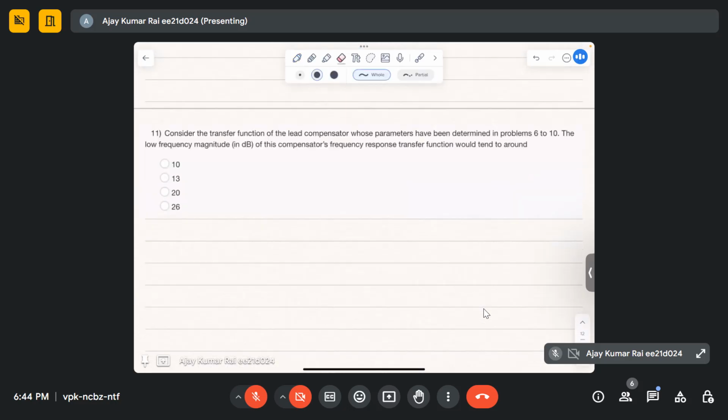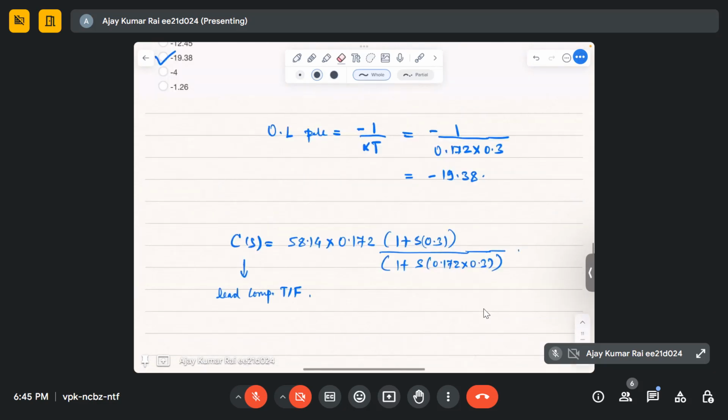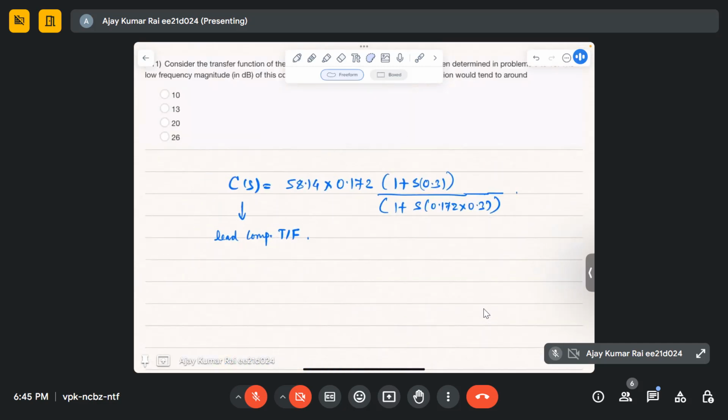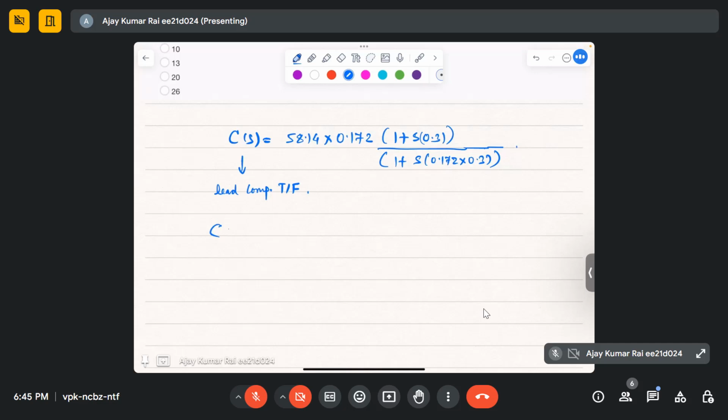Consider the transfer function of the lead compensator whose parameters have been determined in problems 6 to 10. The low frequency magnitude of this compensator's frequency response would tend to what? As usual, there's the transfer function, and we know how to find the sinusoidal transfer function. I'm doing it by going through the steps; you can directly go, no problem.